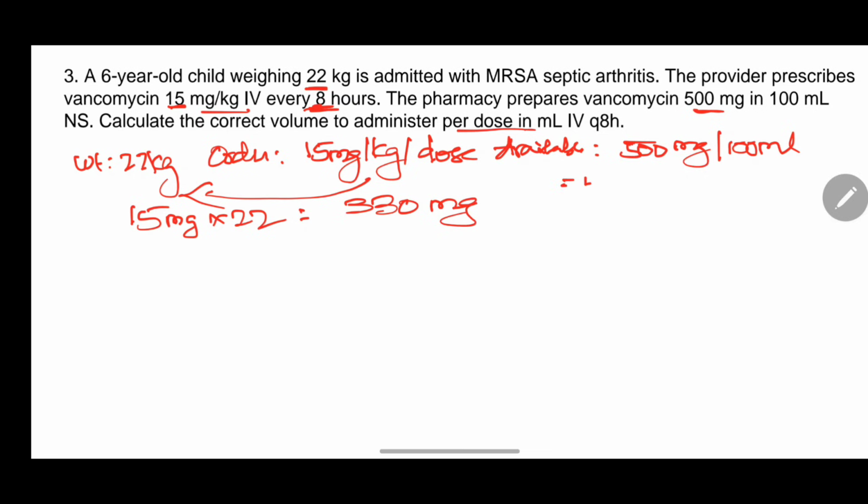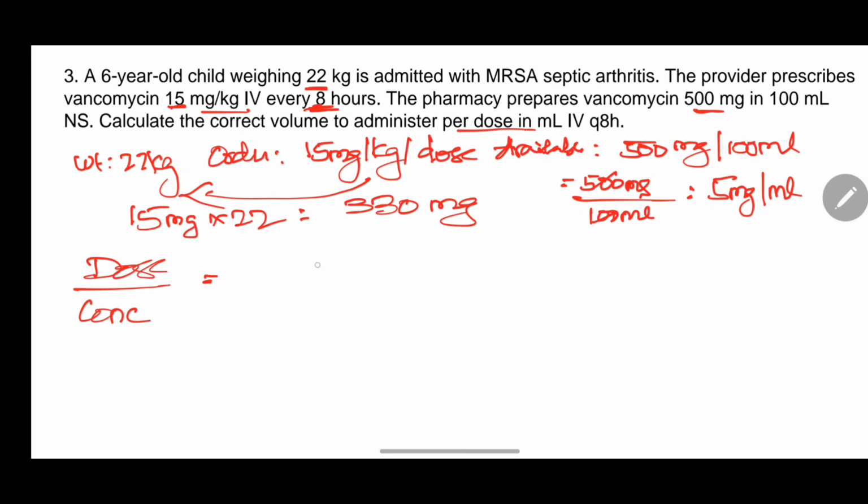So 500 mg divided by 100 ml is 5 mg per ml. Now let us put it into the formula, very easy, dose by concentration. So the dose is 330 mg, concentration is 5 mg per ml.